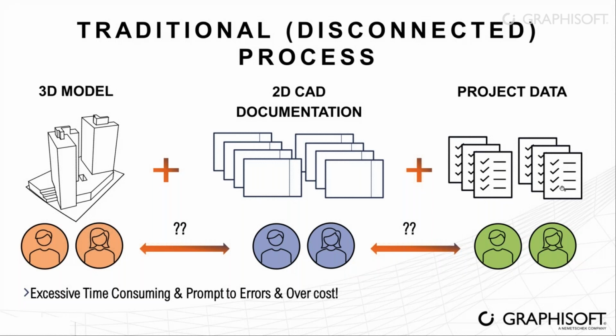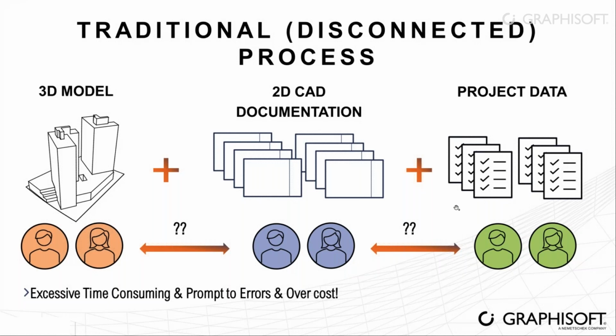And lastly, project data, maybe like schedules, you use another software for that. So everything is kind of disconnected. And for any change, once you update a model, you have to go to the 2D to update the four elevations and then also update it in the project data. It's just duplication of work and double handling of information.